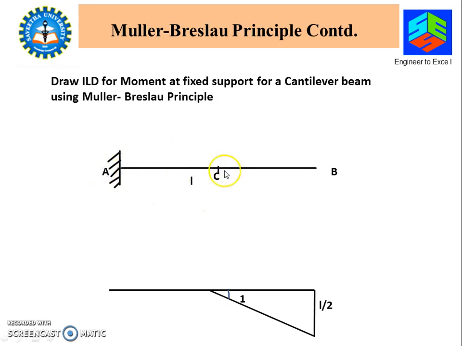Only the CB portion, since we introduced a fictitious hinge, will rotate by 1 unit. This distance BC being L by 2, this ordinate will also become L by 2. So this figure indicates the ILD for moment at C using the Muller Breslau principle.